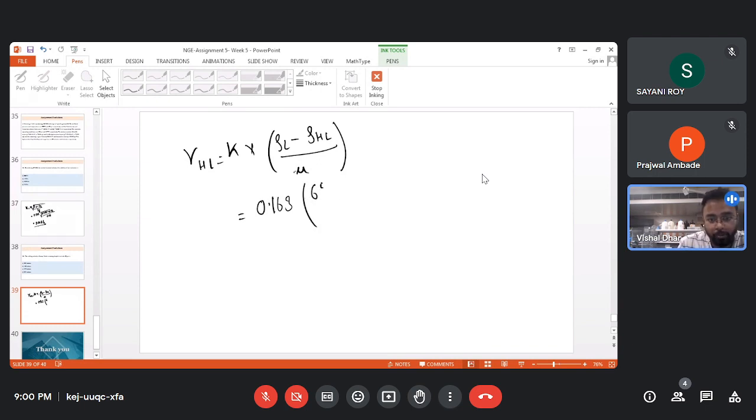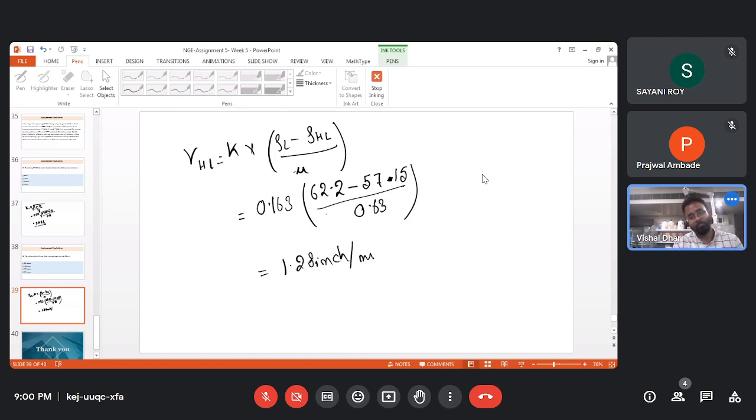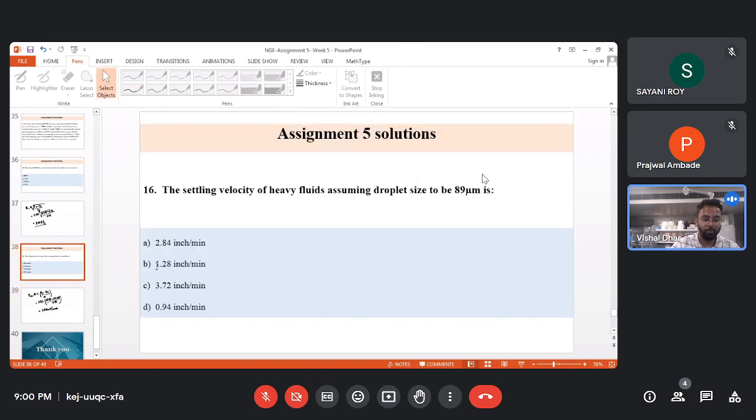So be careful while using the formulas, you should know which formula to put. Okay. So 57.1 minus 0.15 divided by 0.63. So if you solve this one, the answer should come out as 1.28 inch per minute. So the correct option is 1.28 inch per minute, option B.